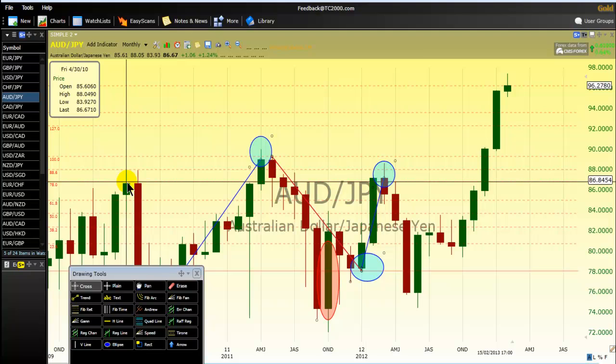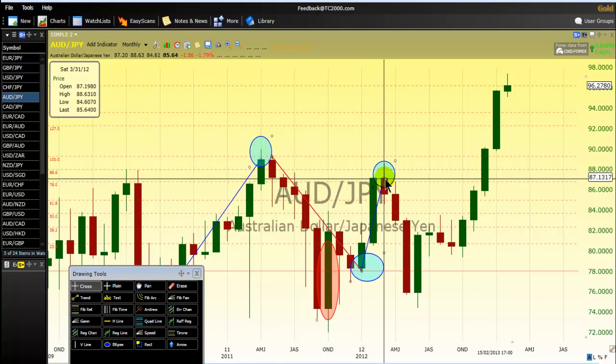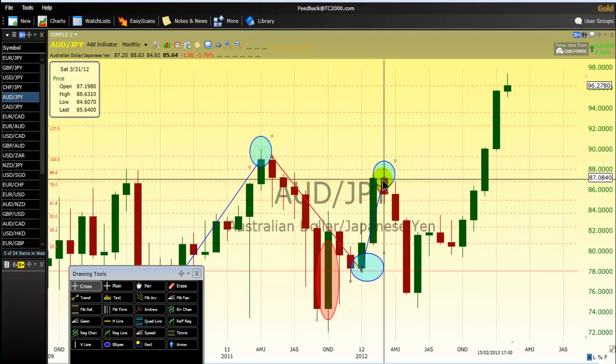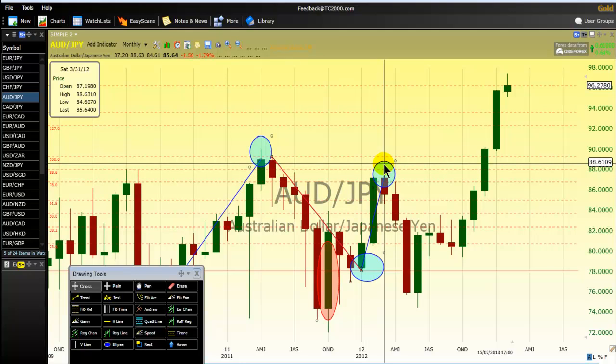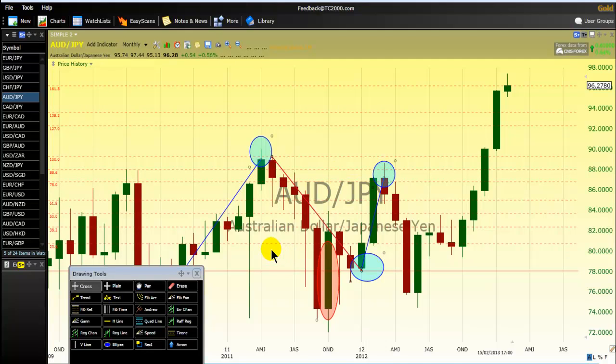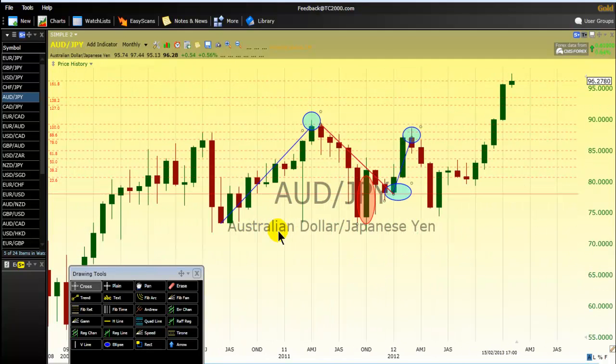That zone is resistance, the same resistance zone. Though the price went above the 88.6, the top of the body is near this 78.6%. So I will give it the 78.6% level.